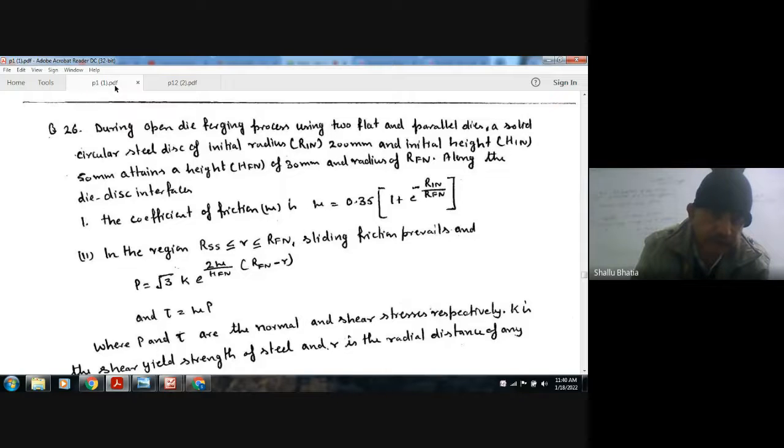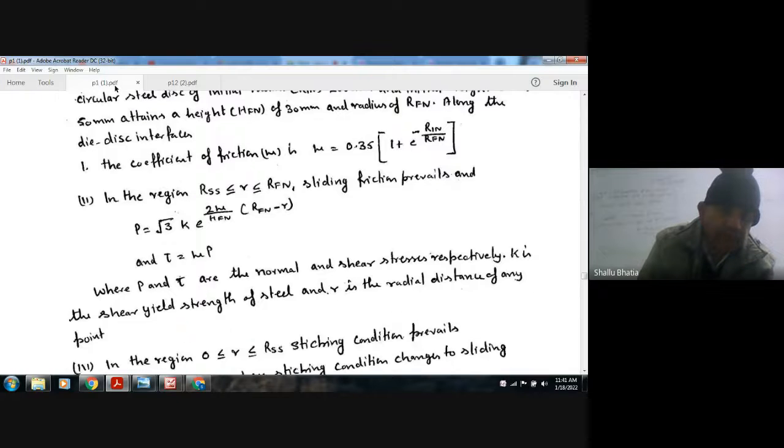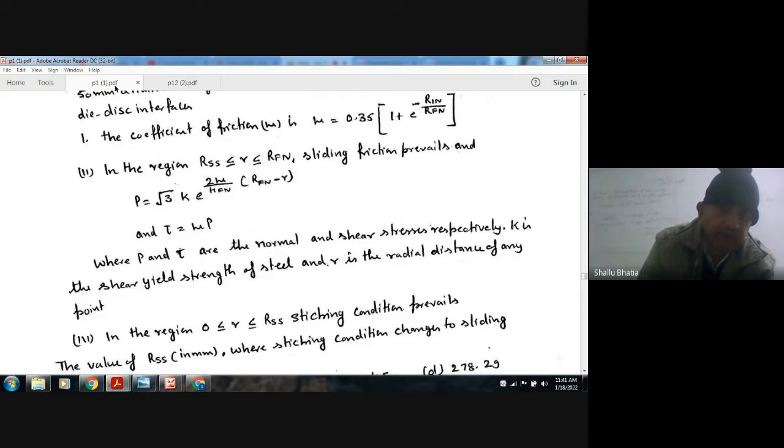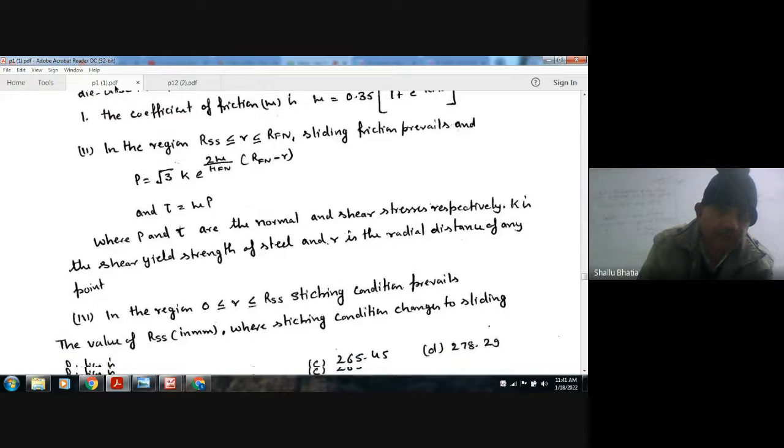In the region when r is between r_ss and r_fn, the sliding friction prevails, and p is equal to root 3 K e raised to power 2 mu divided by h_fn times (r_fn minus r), and tau is equal to mu p, where p and tau are the normal and shear stresses respectively, K is the shear yield stress of the steel and r is the radial distance of any point.